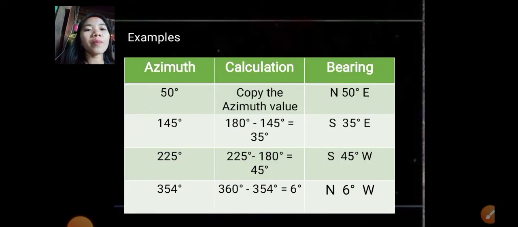Here are the examples. We have our azimuth as 50 degrees. Calculation: copy the azimuth value. So our bearing is north 50 degrees east.